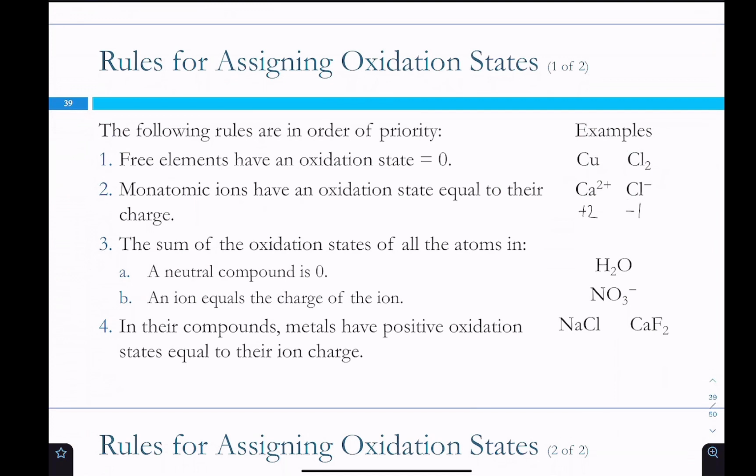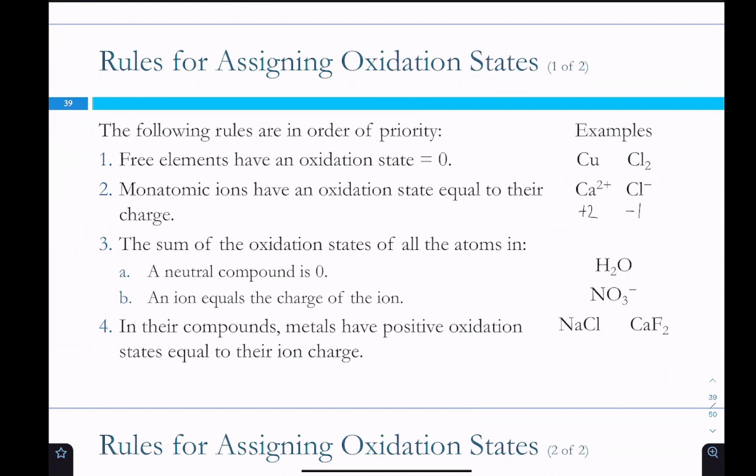And then, we want to figure out the oxidation states for individual atoms. So in any neutral compound, all of the oxidation states of the elements in that compound have to add up to 0, which is similar to our ionic compounds. So water, the oxidation states of hydrogen and oxygen will add up and they'll equal 0.